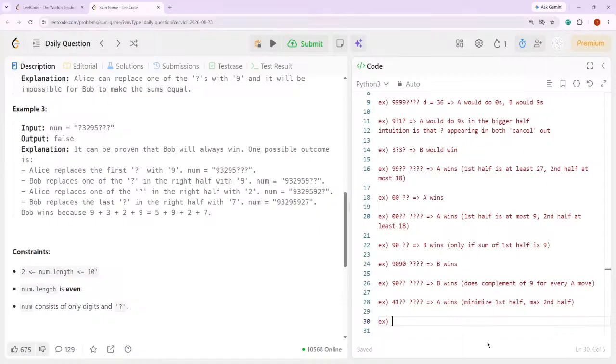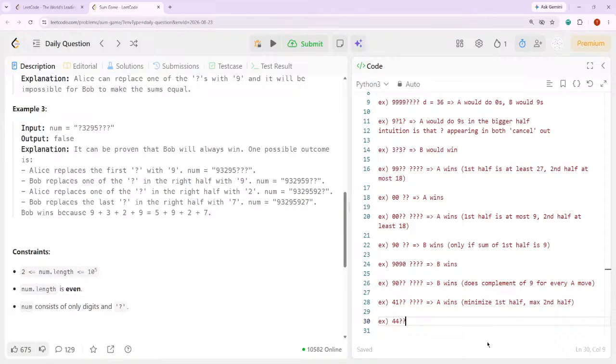And even if it was something that was even, can this be wrong? Let's say it was really close. She still minimizes this thing.